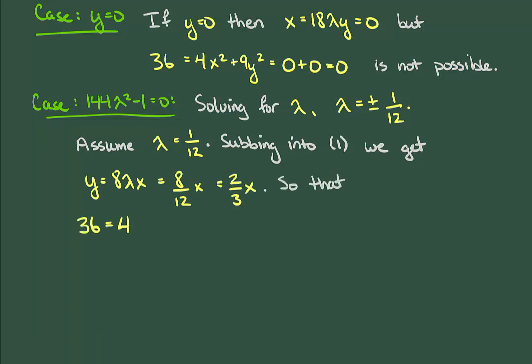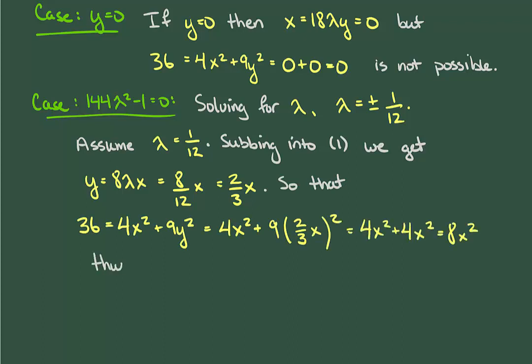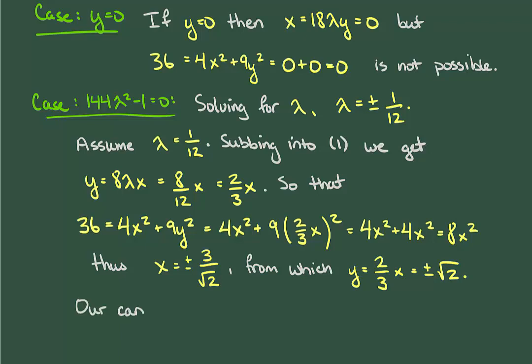We then plug that into our constraint, which reduces to 36 is equal to 8x squared. Solving that gives us x is plus or minus 3 over root 2. Now we still have to find the y values, but since y is 2/3 x, we can plug x in to get plus or minus root 2. Thus we have two possible solutions as so.